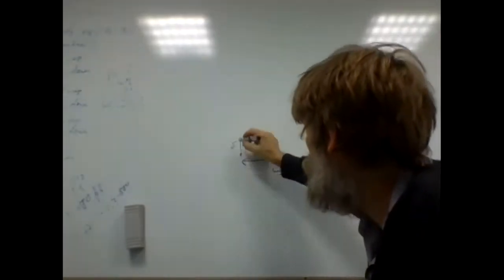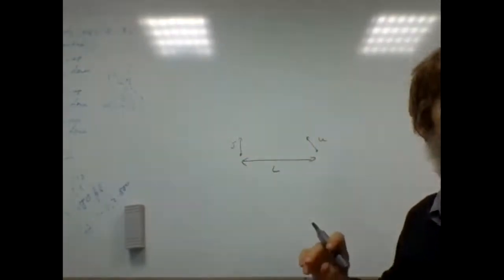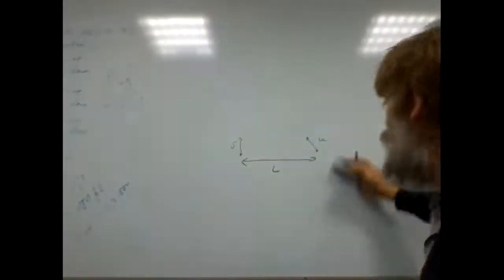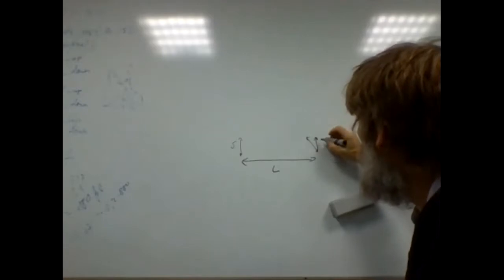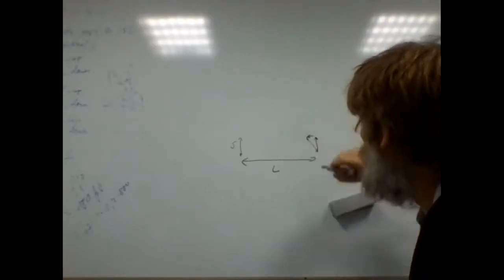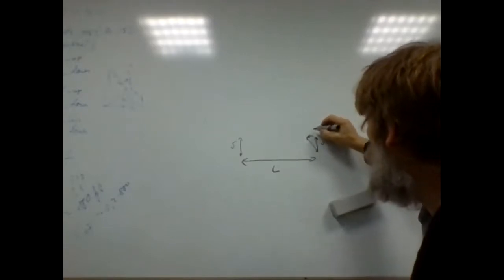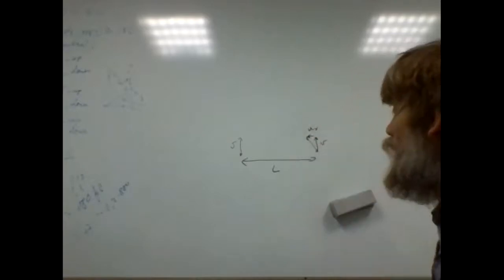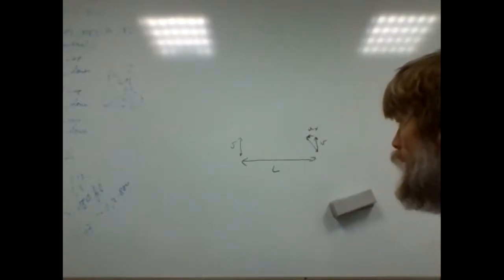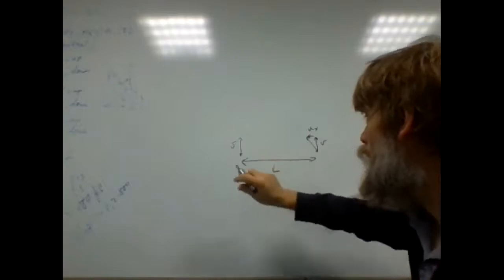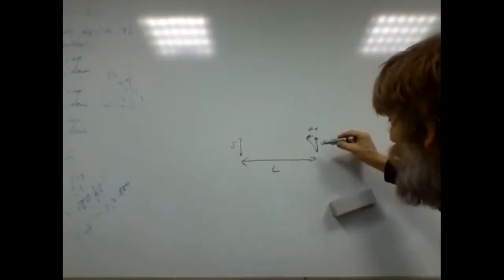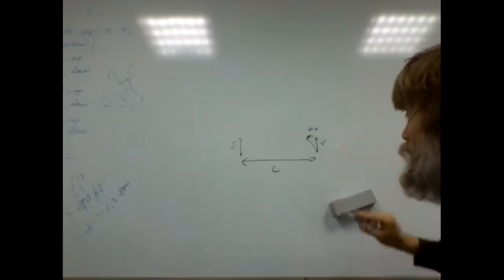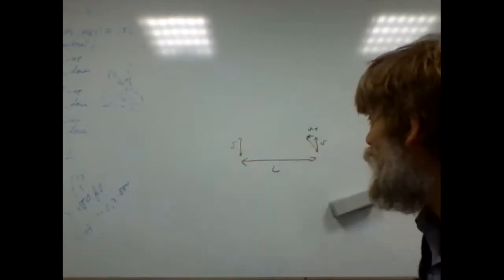So if this has V, it means that u must have a vertical component exactly the same as this V, but it should also have a certain horizontal component, ux. In order for this to meet with that, this velocity minus that velocity must be horizontal. To that end, the vertical component of this velocity must be the same as here.